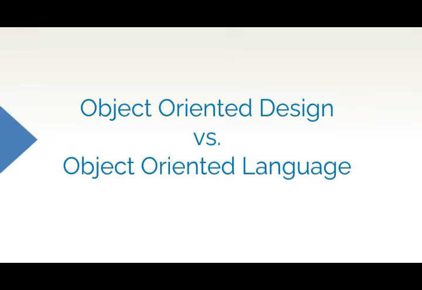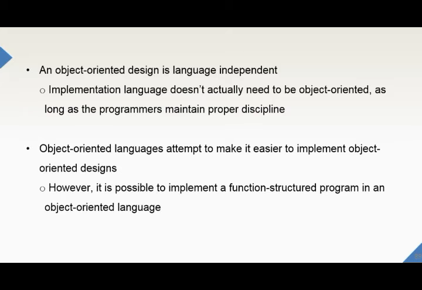Object-oriented design versus object-oriented language. An object-oriented design is language-independent. The implementation language doesn't actually need to be object-oriented as long as the programmers maintain proper discipline, while object-oriented languages attempt to make it easier to implement object-oriented designs.